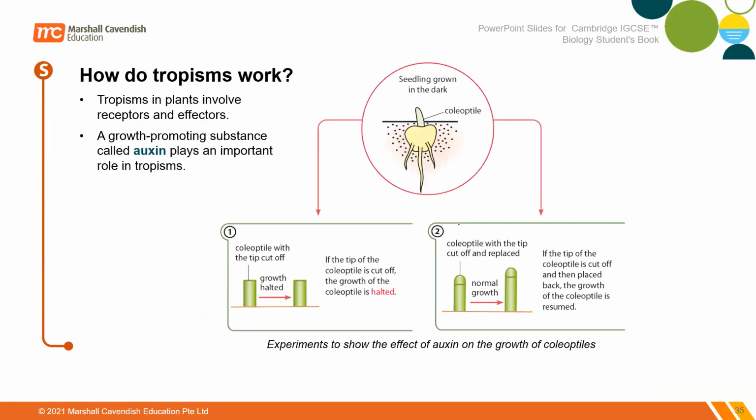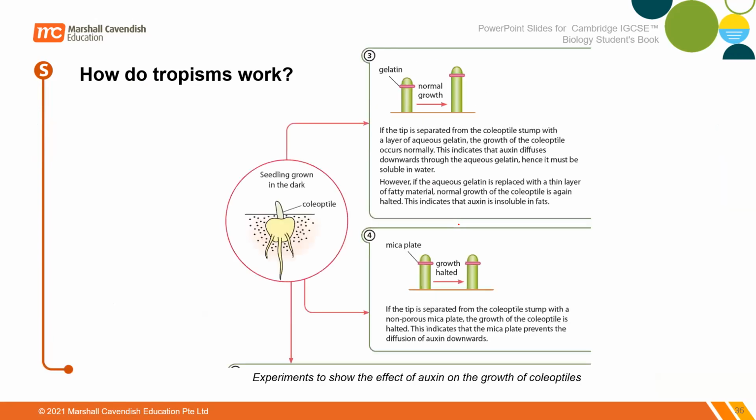Okay? Words, قلنا إن هي بتaccumulate on one of the sides بتstimulate الجروث أو في الروت بتreduce الجروث. ده بيخلي البلانت has the ability to bend in one direction.